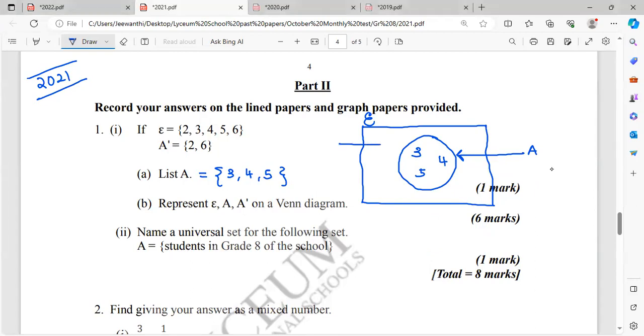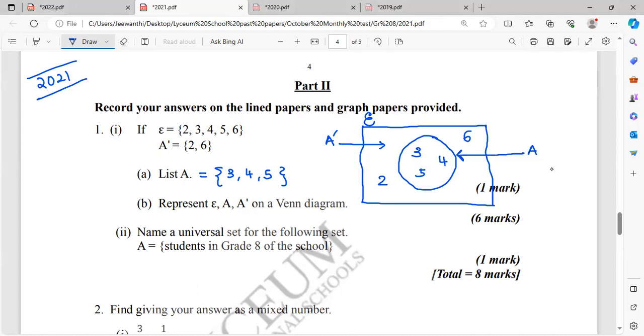And outside A, but inside the rectangle, that is A dash. So 2 and 6, right? So the set A is 3, 4, 5, and the A dash is outside the circle but inside the rectangle. So 2 and 6, A dash or A complement.